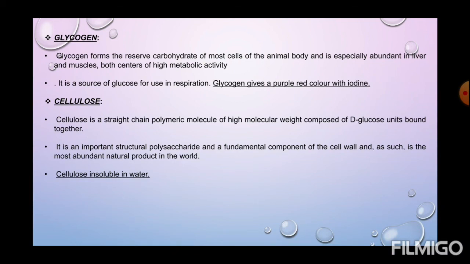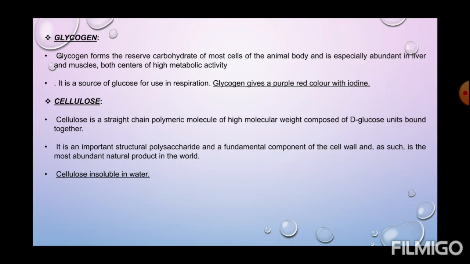Next is cellulose. Cellulose is a straight chain polymeric molecule. What do you mean by a polymeric molecule? Polymeric means that long sugar units are present, more than 10 sugar units linked with glycosidic linkages. So again, cellulose is a long, unbranched chain of sugars of high molecular weight, composed basically of glucose.